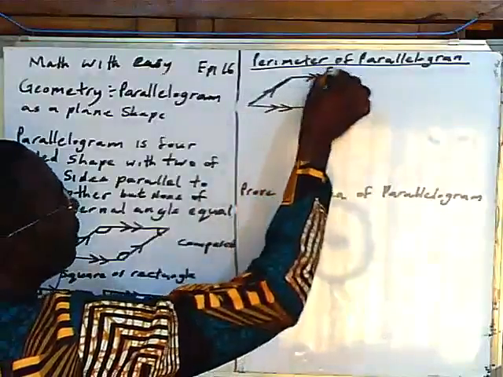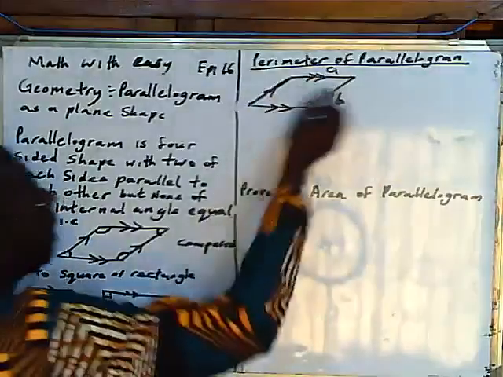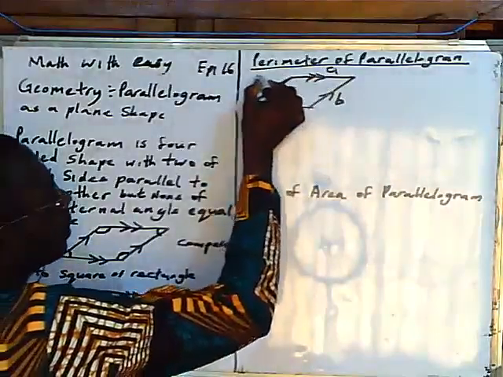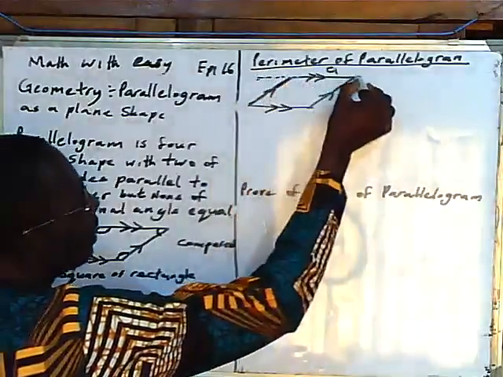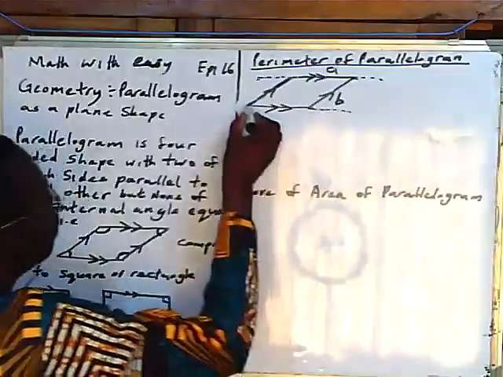Assuming that this is A and this is B. Since they are parallel to each other, you can see that this one will be a transverse line. If we produce it, this one will also be a transverse line.